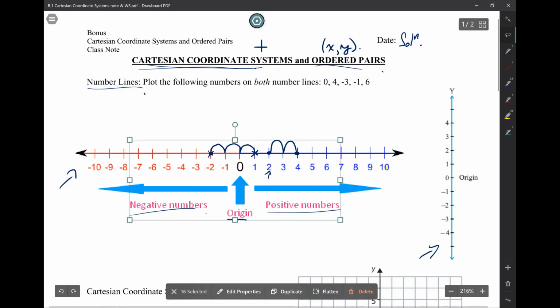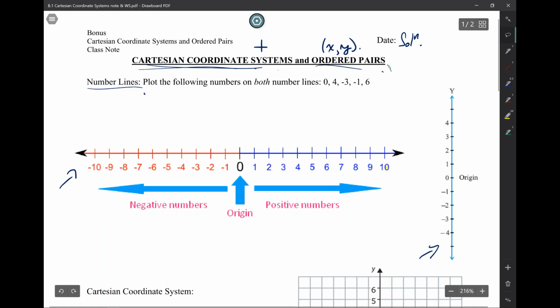Now let's just quickly plot a few different numbers on this horizontal number line. So let's plot 0. Well, 0 is at my origin. That's right here. The number 4, note it's positive 4, not negative 4 here, is located to the right of my origin.